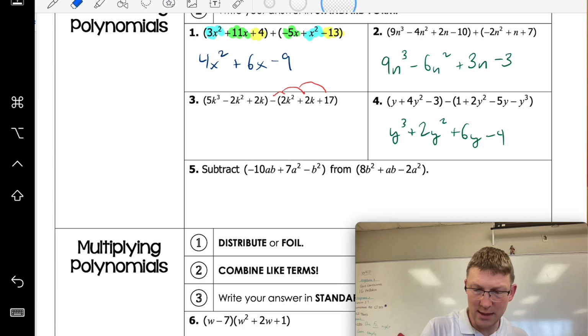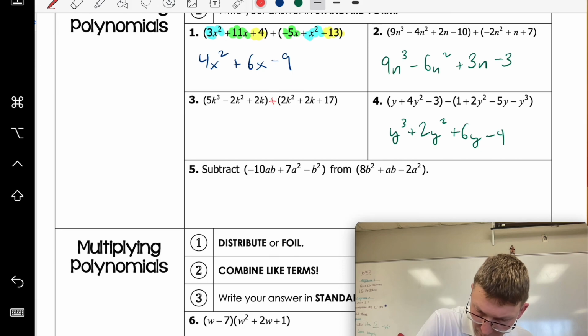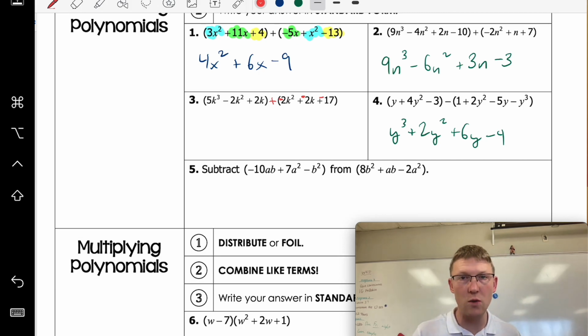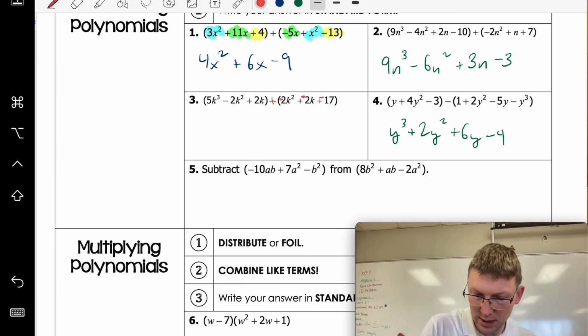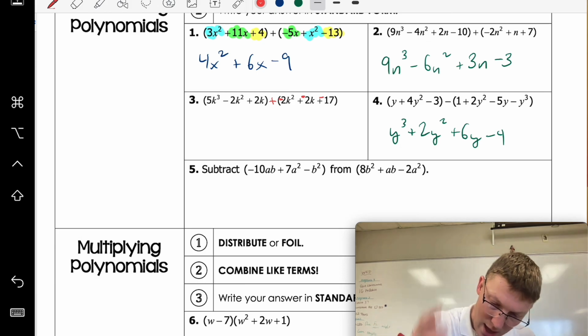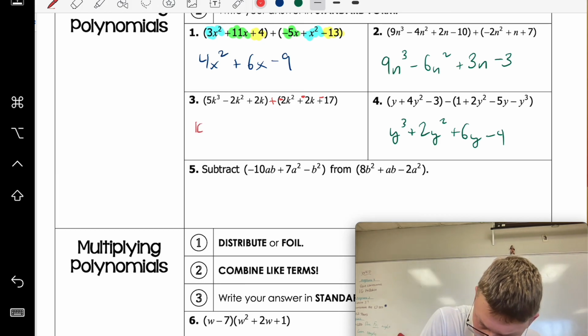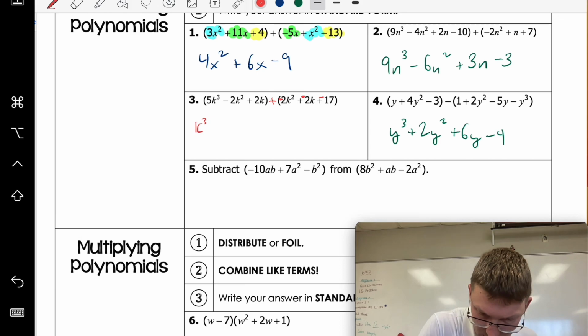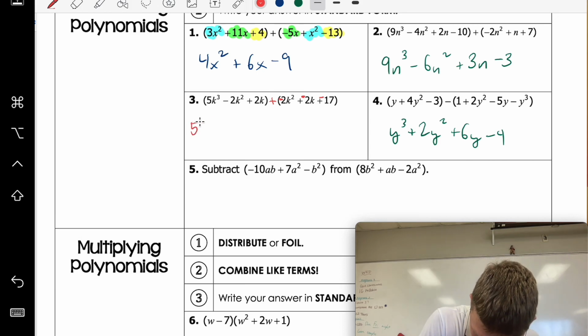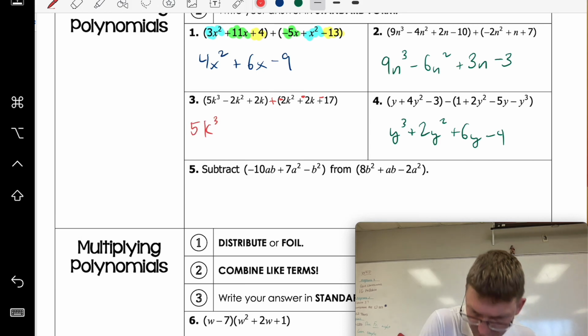A lot of times, well, actually all the time, what I like to do is put a little plus here and then throw a negative sign in front of each one of these, just so that I don't forget that they are in fact negative. Other than that, combine like terms. So 5k cubed, there are no other cubes, so I'm just going to write 5k cubed.